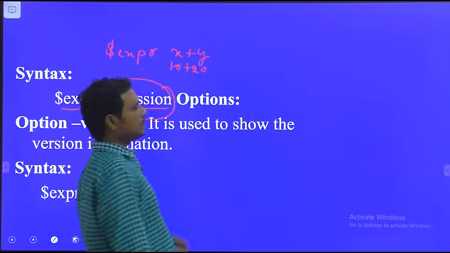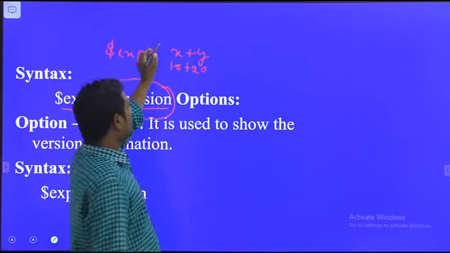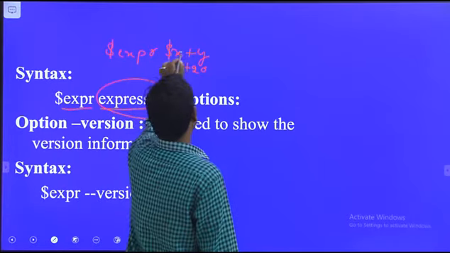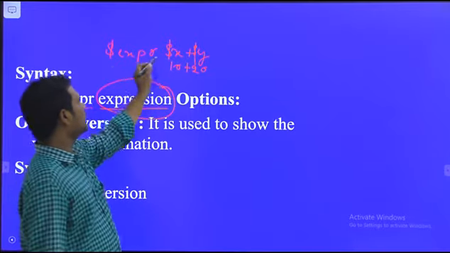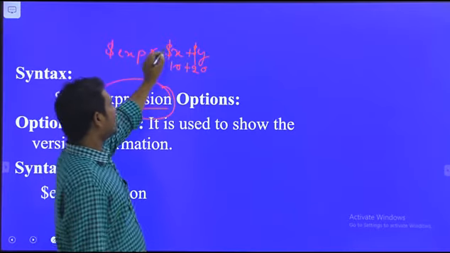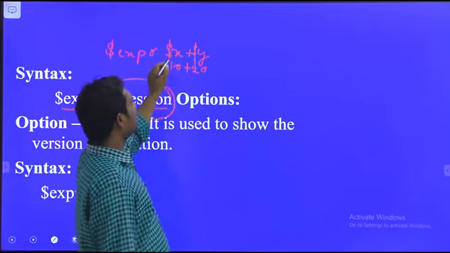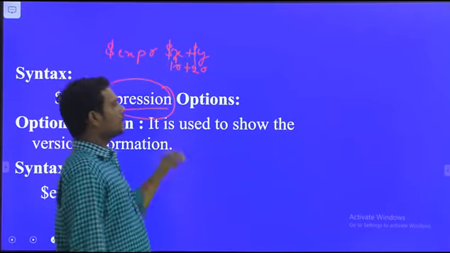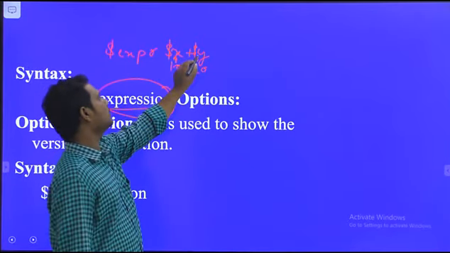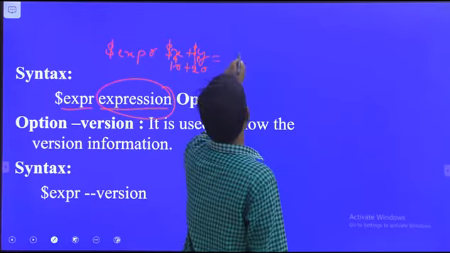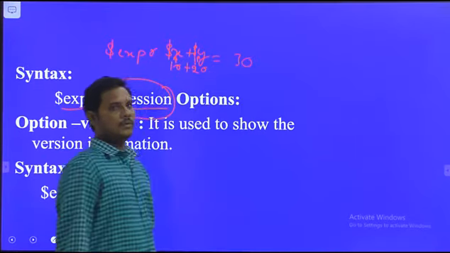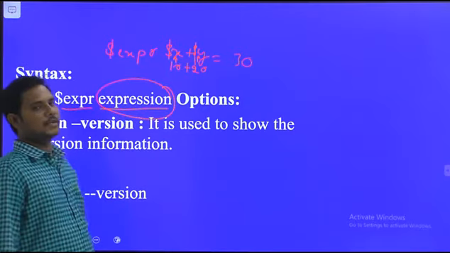If you use variables, before each variable we use the dollar symbol. In the program we will use expr $x + $y. We give the input x as 10 and y as 20. So 10 plus 20 gives 30 as the value. This is the expression evaluation.